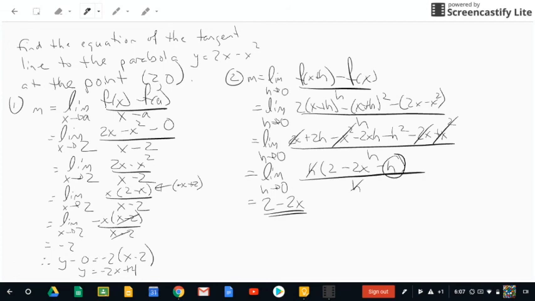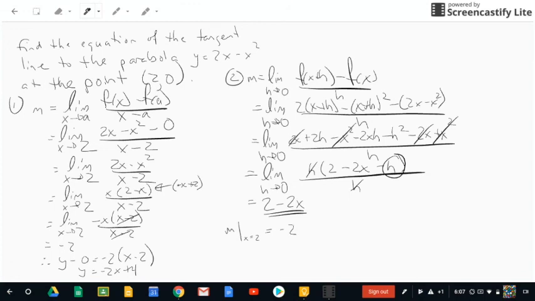But now, if you want to figure out what the slope is, in our notation here, you might do this. You might say m with this line here, which means evaluated at, and down here you write x is equal to 2. Okay, so this is our slope evaluated at x equal to 2. And if you plug 2 into that, 2 minus 2 times 2 is going to give us negative 2, just like we got with the previous example.